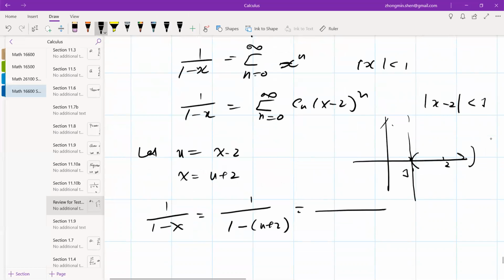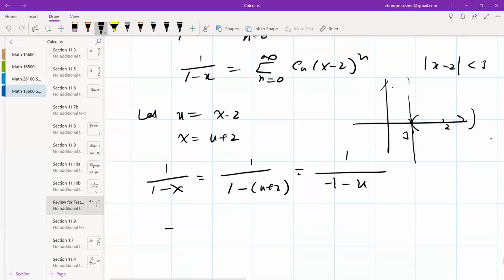So you will get 1 minus 2, negative 1 minus u. We're almost done. It's negative 1 plus u, right? It's going to be 1 minus negative u. Then you apply the above formula.